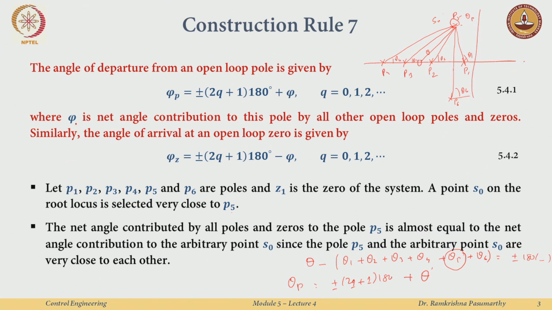Or, okay, I will call this phi just to be consistent with the notation over there, for all the others, you can see. So, this phi is the net angle contribution to this pole by all other open loop poles and zeros. That is how I compute this theta p.